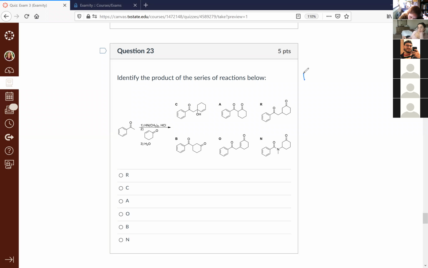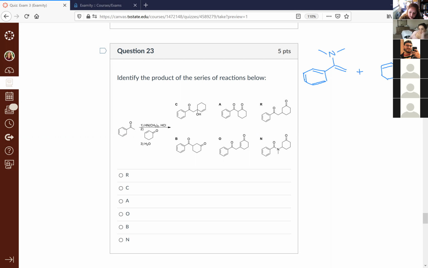So after step 1, we have an enamine, and it is going to react with our alpha-beta unsaturated system here. Where is the enamine going to attack?